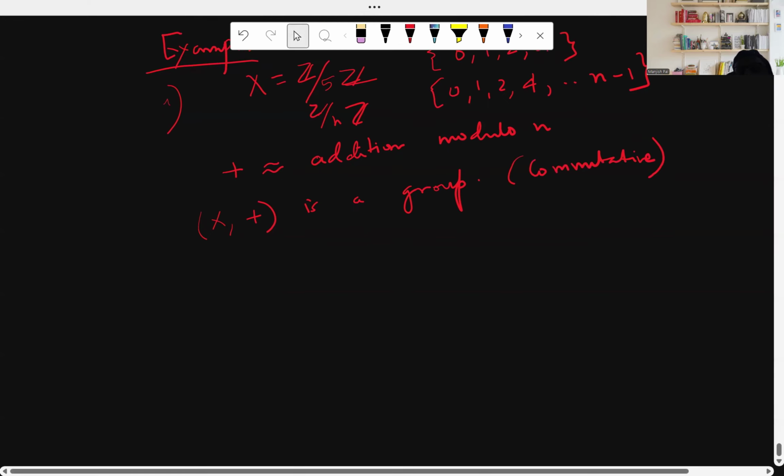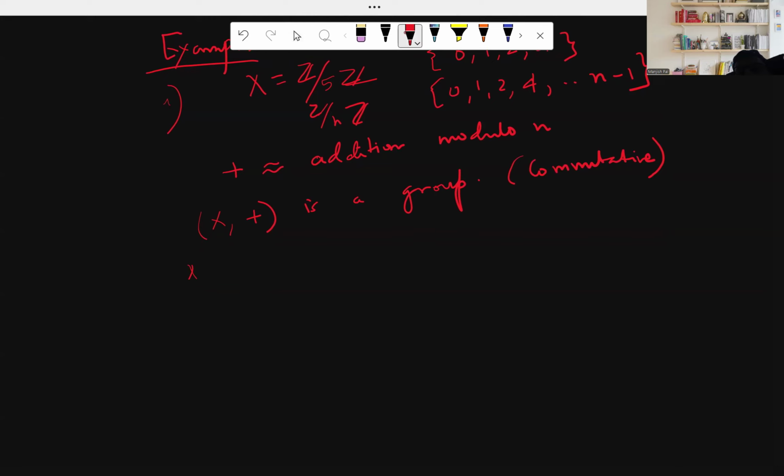So how do we verify? We just have to verify the conditions of the group. The first condition is if we take two numbers A and B, then A plus B is addition modulo n. So this number, this is in X, this is in X, and this number is also in X. So the first condition is satisfied.